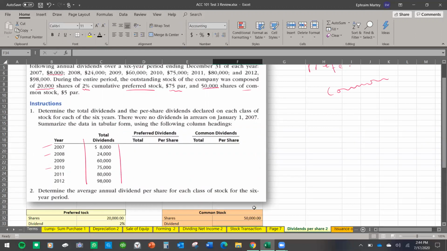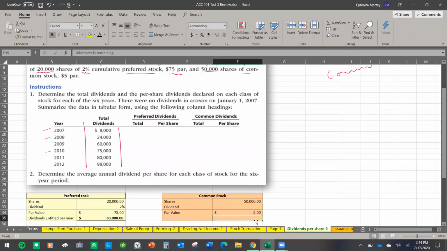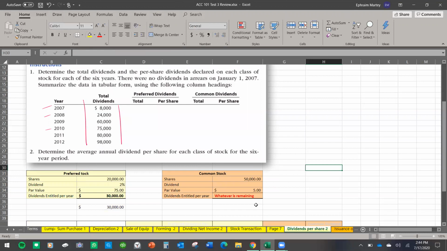The par value, we just put it there, which is 5. How much are they entitled to every year? Whatever is remaining after we pay preferred stock. So we are going to use this knowledge to find how much we pay preferred stock and how much we should pay common stock.